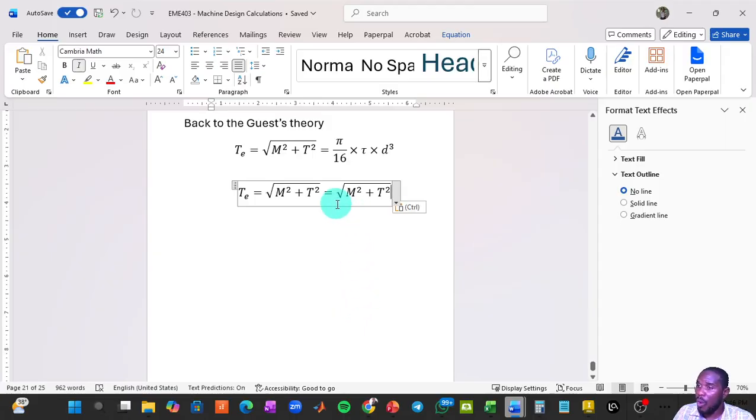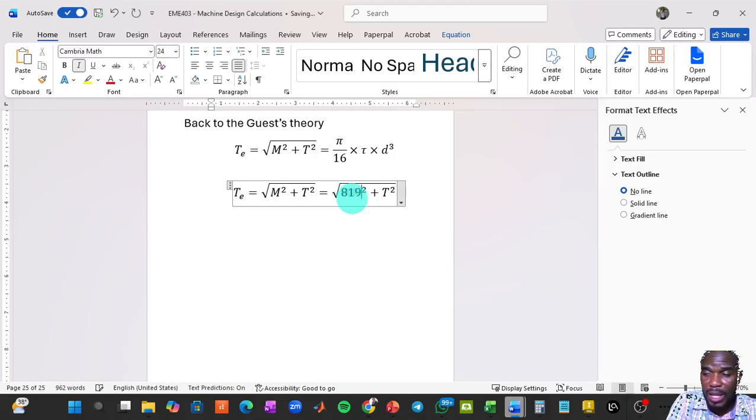357.6. So what that means is M here is 819.2 squared, and the torque here is 357.6 squared.